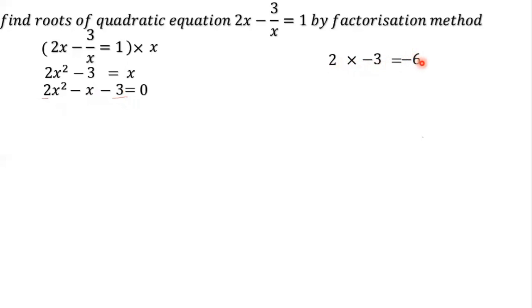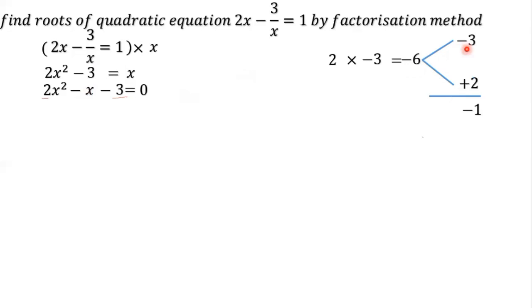You have to split minus 6 such that while multiplying you get minus 6, and while adding you get the coefficient of the middle term, that is, the coefficient of x, which is minus 1. Find two numbers whose product is minus 6 and sum is minus 1.